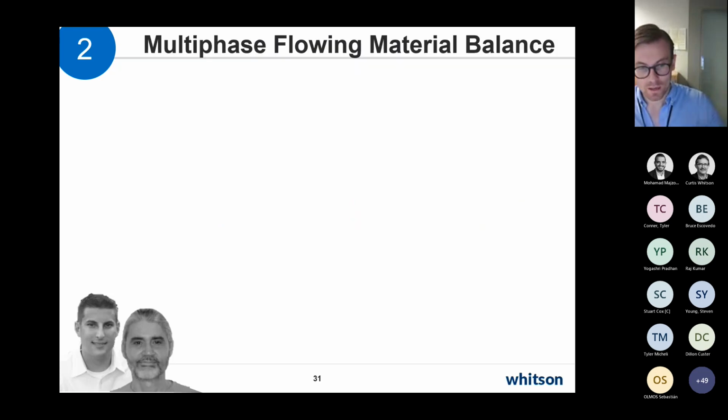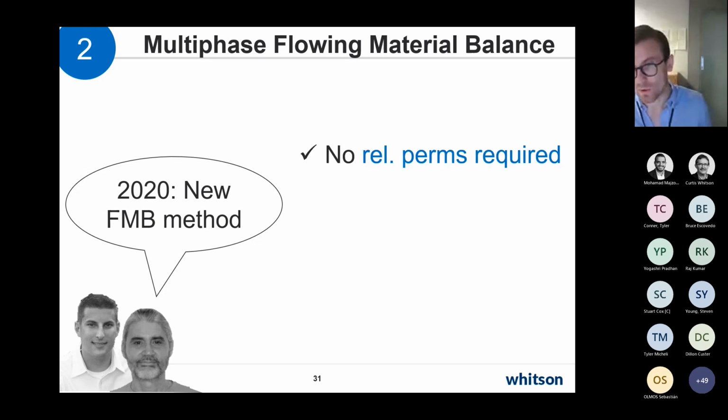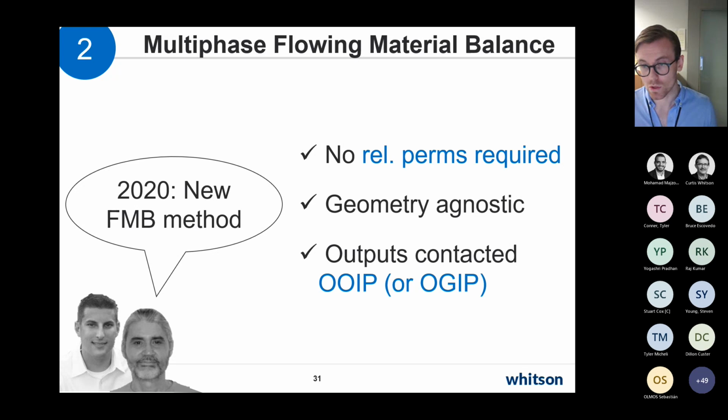So when Barry, or Leslie and Barry, came to Curtis and me up in Oklahoma in 2020, I think, they said, we've developed this new technique that does not require relative permeabilities. It doesn't care about geometry, actually, which is huge for RTA methodologies, and it outputs the contacted oil or gas in place.